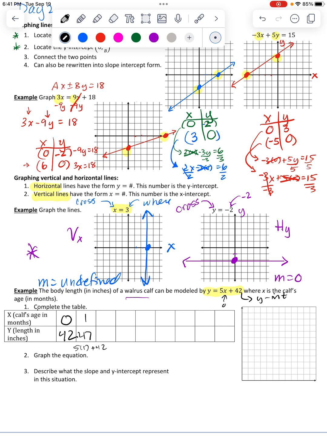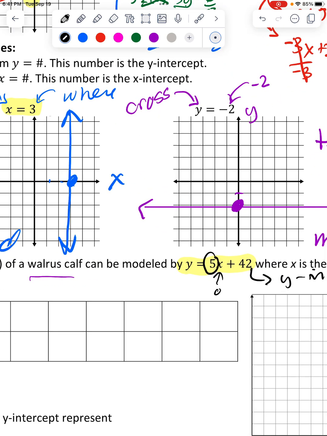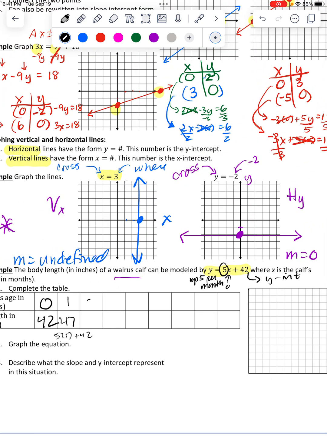But here's the reality, you guys. Your slope is 5. So this increases. It goes up by 5 for each 1 month, not year. So if I'm tracking 0, 1, 2, 3, 4, 5 months and so on, I'm just going to be going up 5 each time.